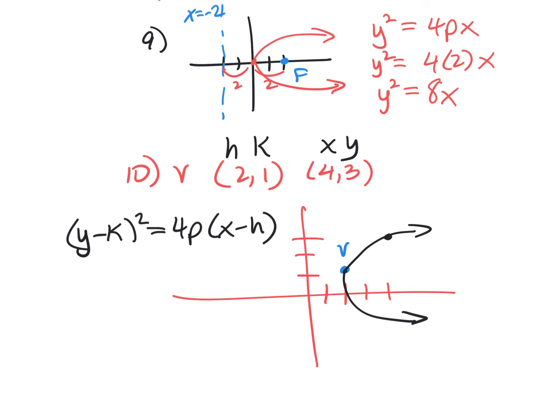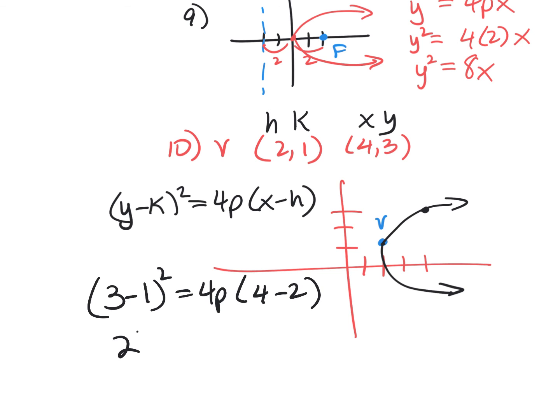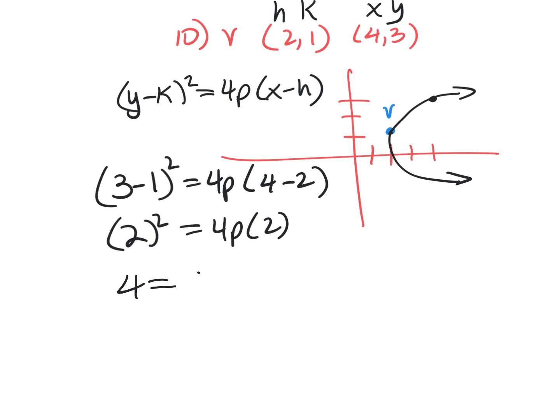So let me plug it in. y is 3, k is 1, I don't know p, x is 4, h is 2. So 2 squared equals 4p times 2, 4 equals 8p, divide by 8, and p equals 1/2.